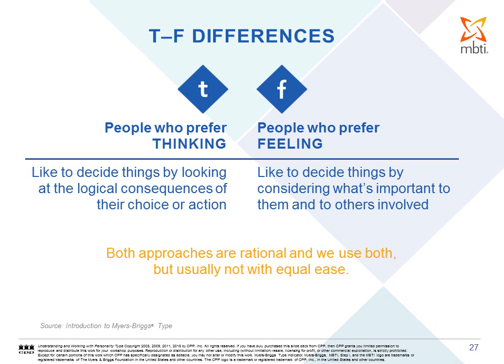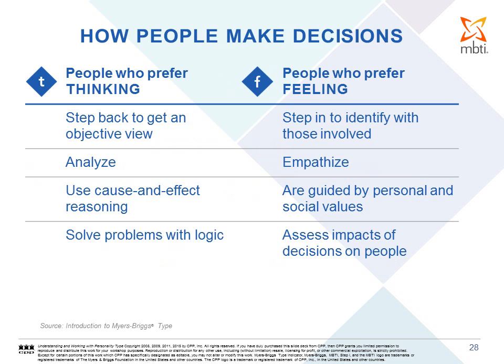So they look at the logical consequences of the choice or action. And people who prefer feeling prefer to decide things by considering what's important to them and those involved. So people who prefer thinking, it's about logical decision making.